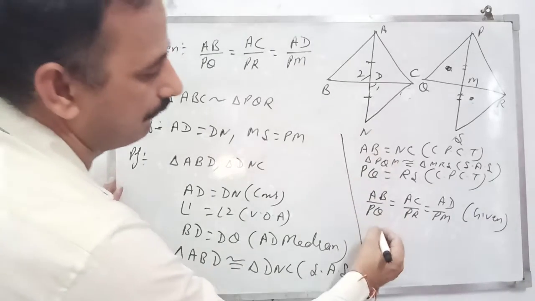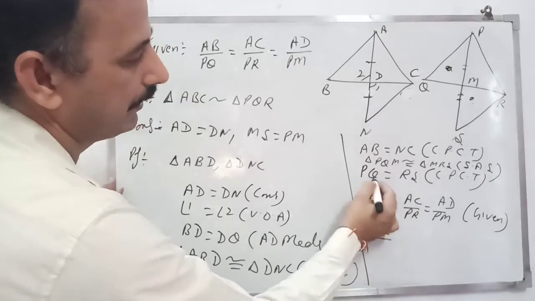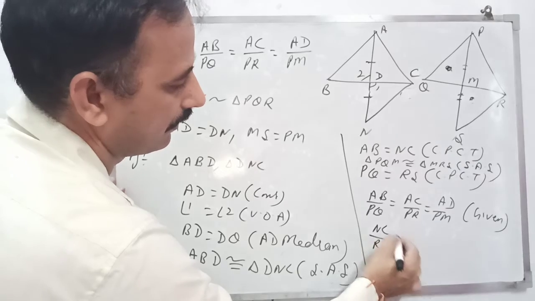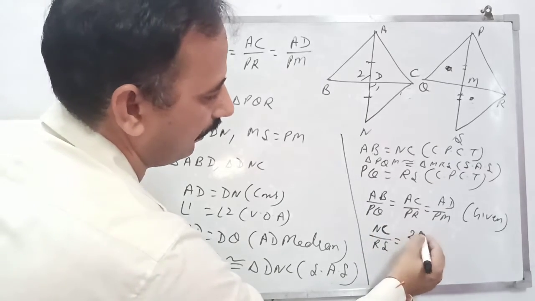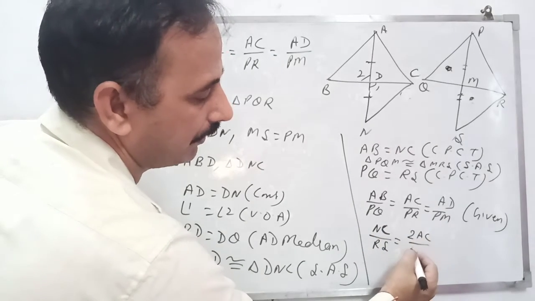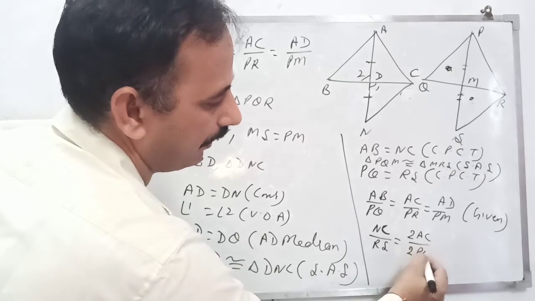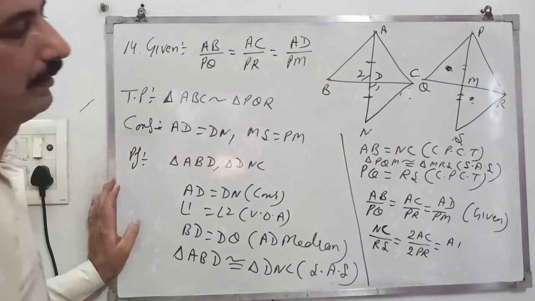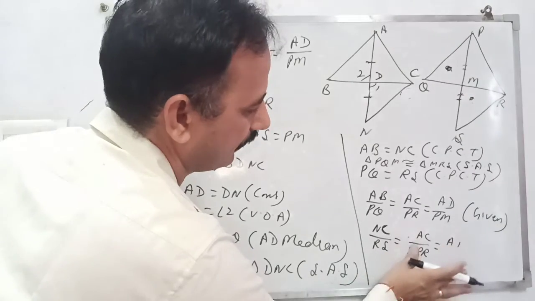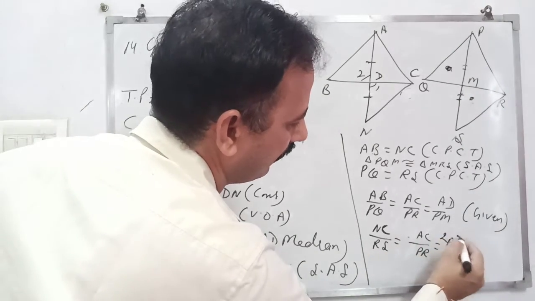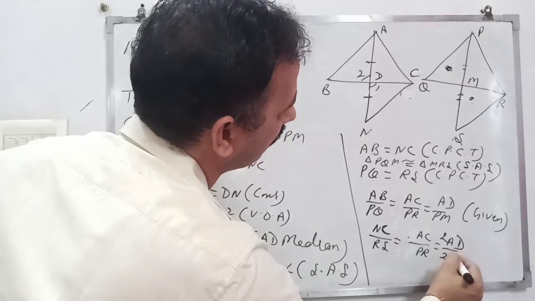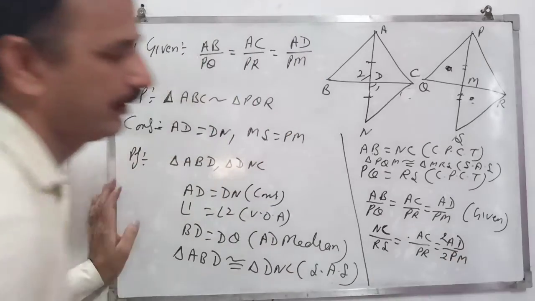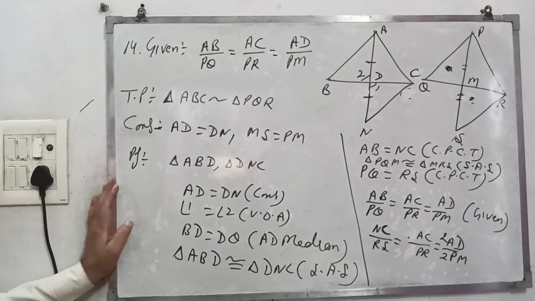So now we replace AB with NC and PQ with RS, right? And AC we multiply with 2 and PR also multiply by 2. Sorry, not this one. We are multiplying AD and PM by 2.